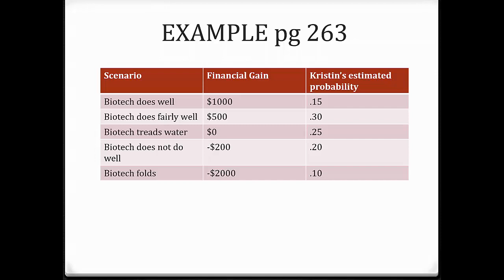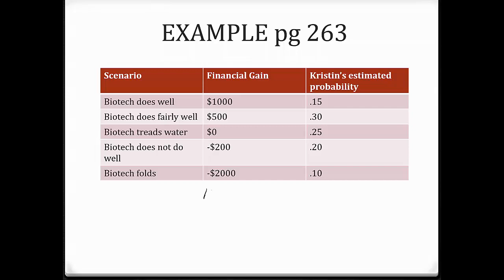Biotech does not do well, and that's $200 of a loss, and that's a 0.2 chance of happening. And then if the company folds, you lose $2,000, and you have a 0.1 chance of that happening. So what you're going to do here is find the mean or the expected value of this problem.